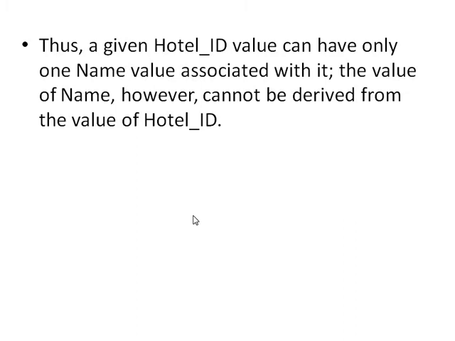That means if there is one hotel ID, that hotel ID has only one name, and name is fully functionally dependent on that hotel ID. The value of name, however, cannot be derived from the value of hotel ID.